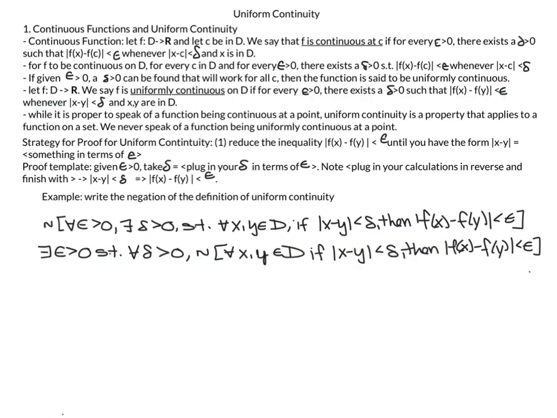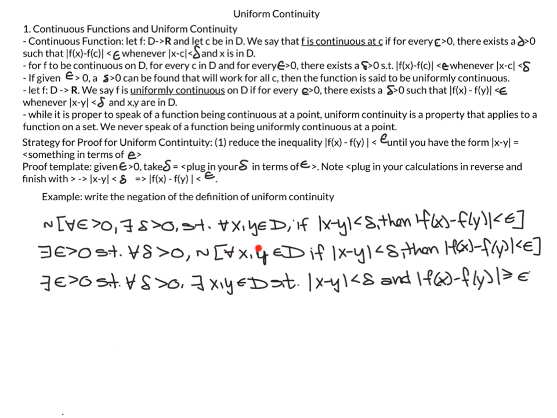And I start by, when I do the negation, my for alls become there exists, and my there exists becomes for all. So I moved in my negation, and then I stopped over here at this part, and I still want to negate for all x, y, and then I left the rest of my conditional here.